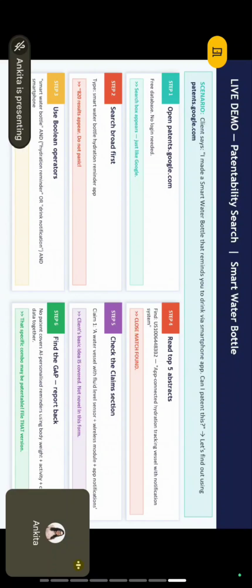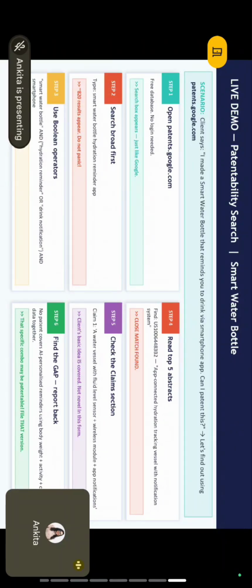So I'll explain with an example. Let's suppose the client comes to us and says, I made a smart water bottle that reminds you to drink through a smartphone app. Can I patent this? So how will a research analyst find it? This is a very basic example, or I'll give you a demonstration.